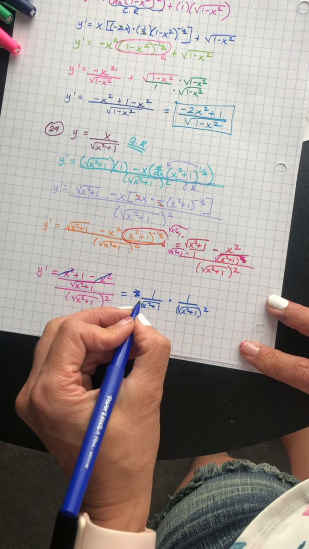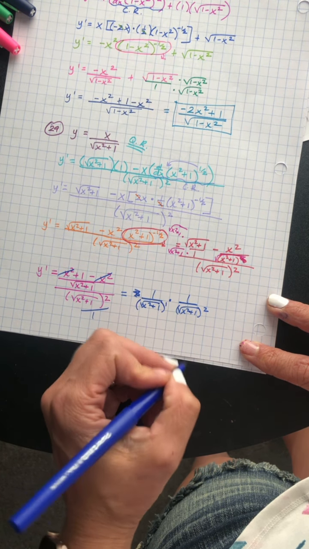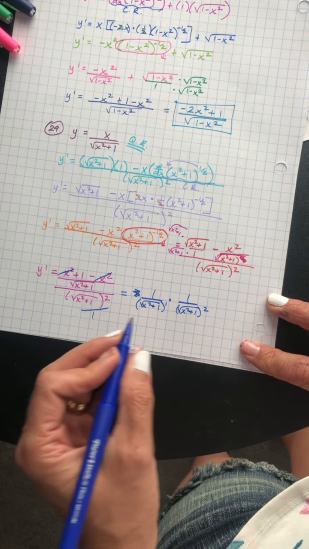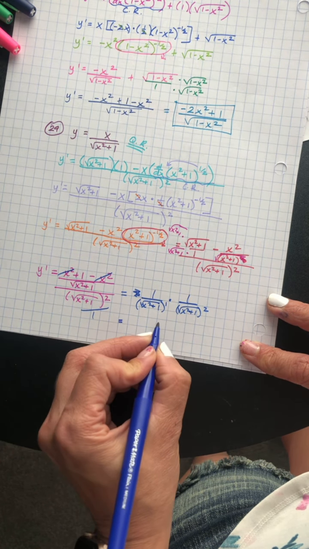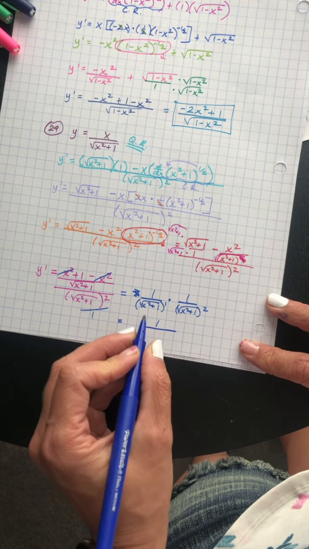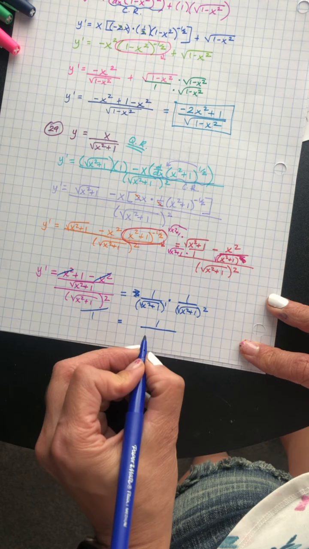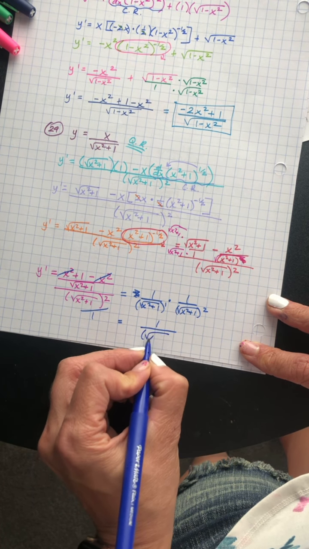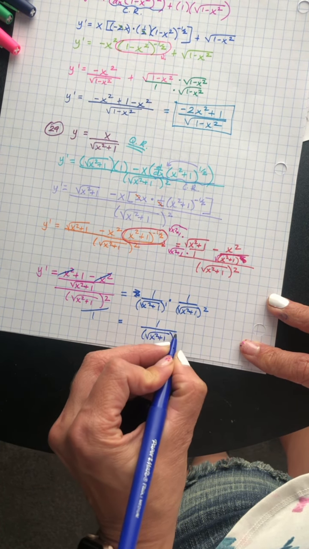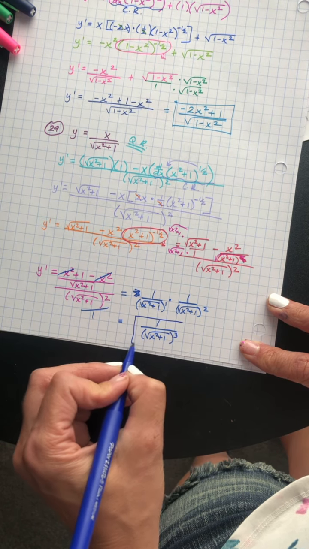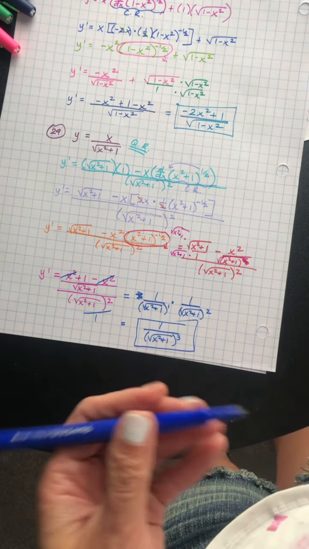Okay, so this is a quantity to the first power, and this is the same quantity to the second power. So we get to use the exponent product rule on that, and we just add the exponents. 1 plus 2 is 3. So I'll have the square root of x squared plus 1 quantity to the third power. Whew, and there is the derivative.